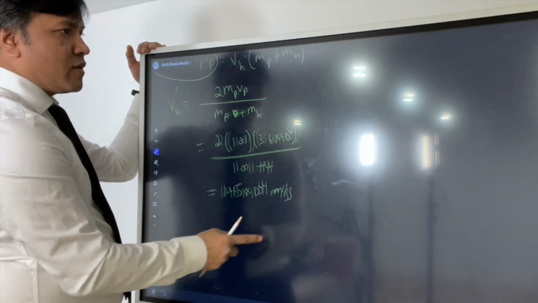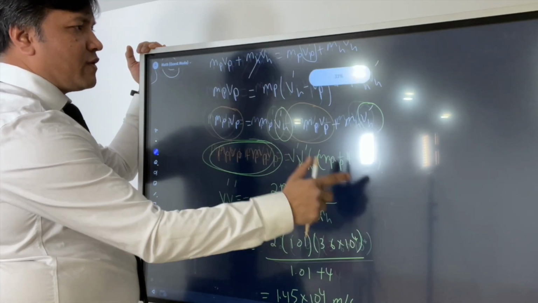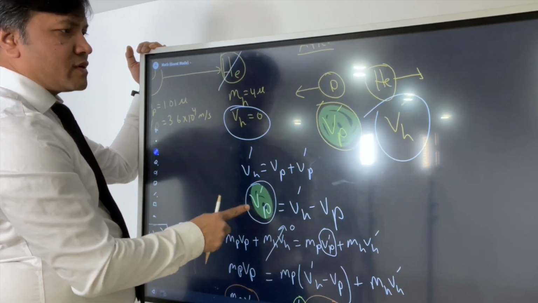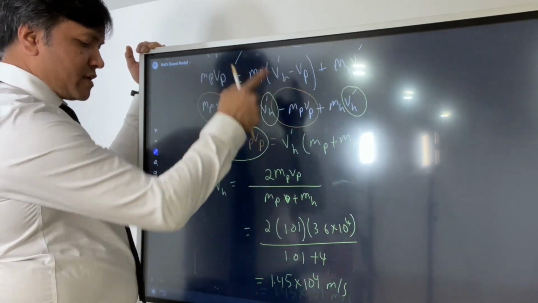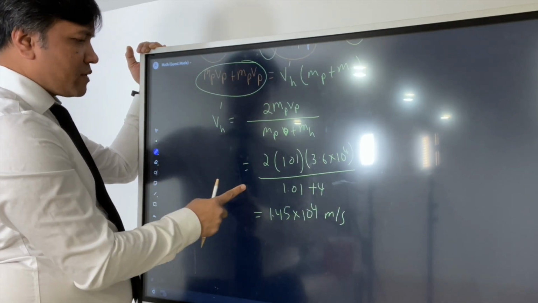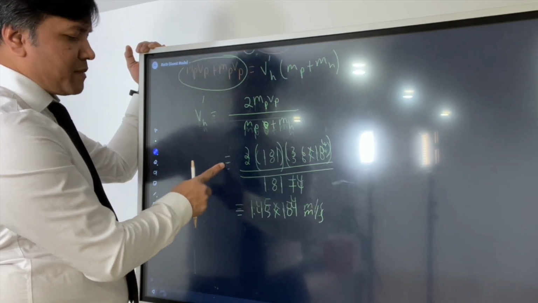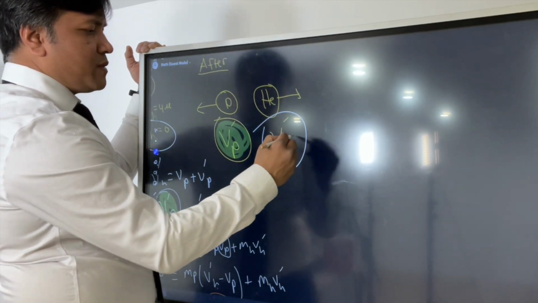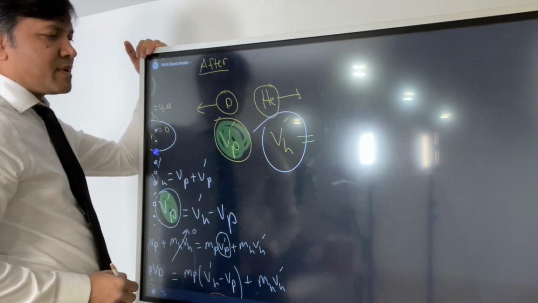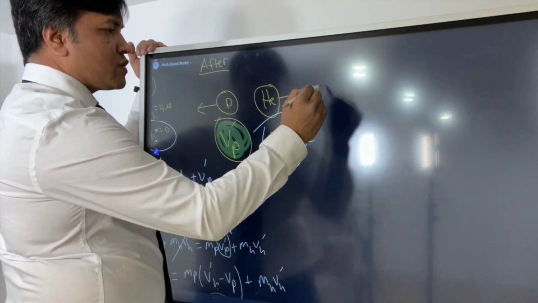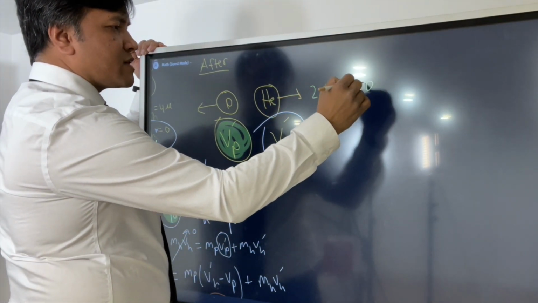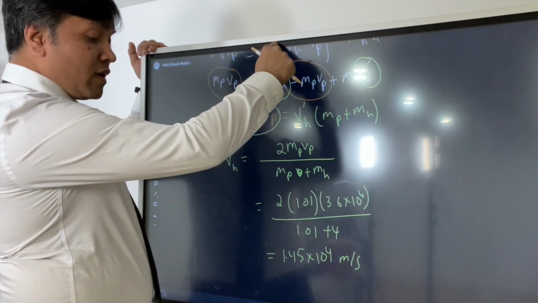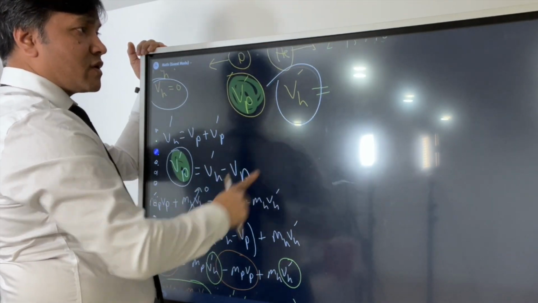So we found this one just so far. We found V prime H. So V prime H, that means the helium after the collision moves at 1.45 times 10 raised to 4.